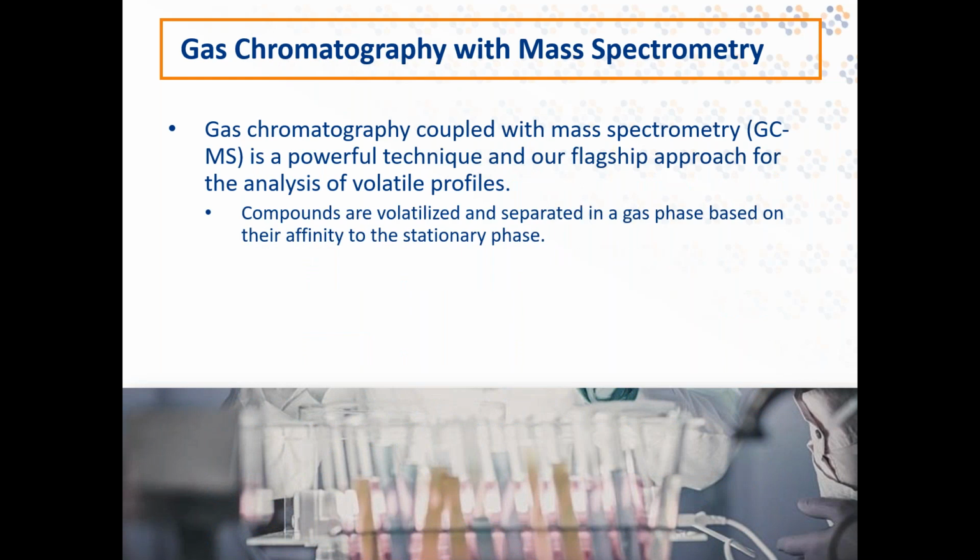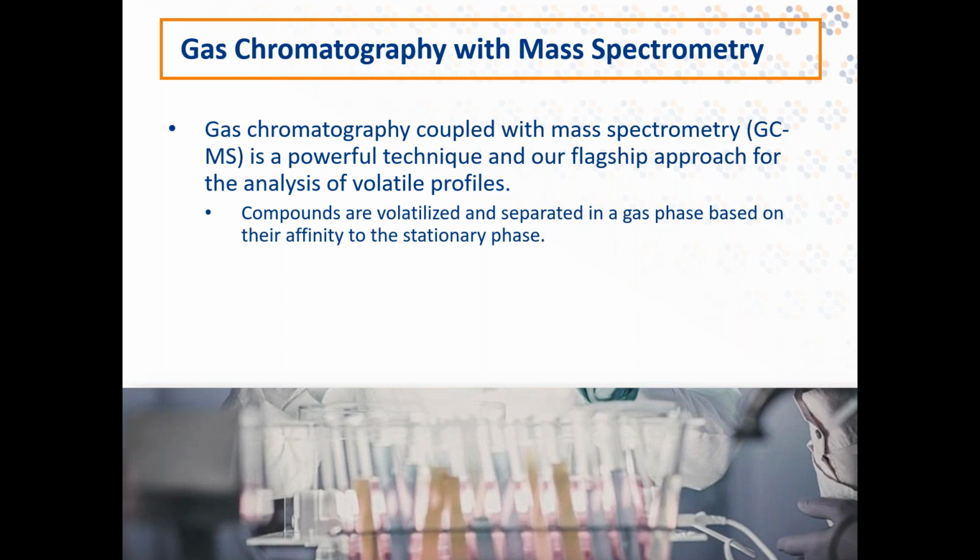And GC-MS is a powerful technique and our flagship approach for the analysis of volatile profiles. How this approach works is compounds are volatilized and then separated in a gas phase based on their affinity to the stationary phase. This is the gas chromatography portion of the technique.